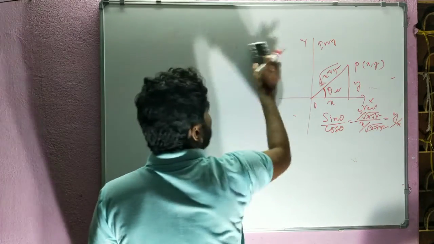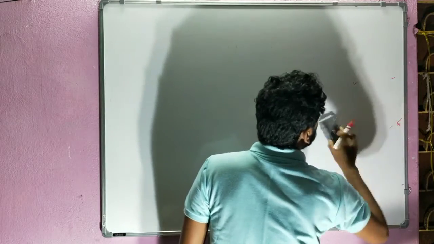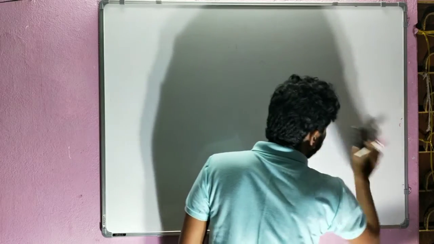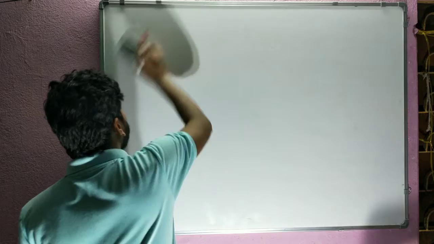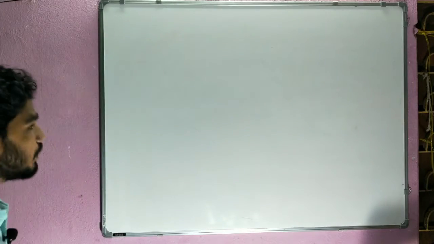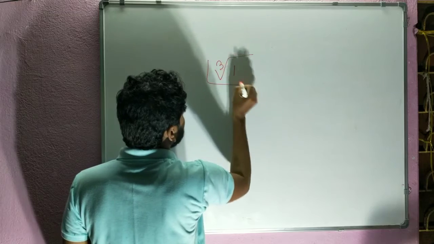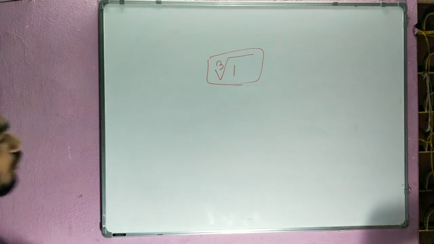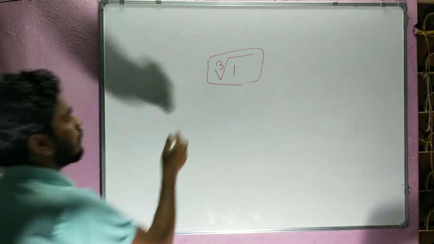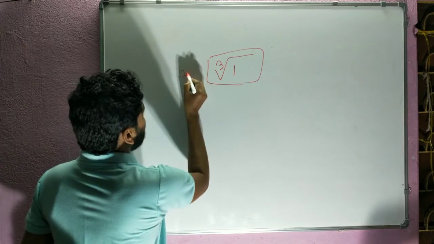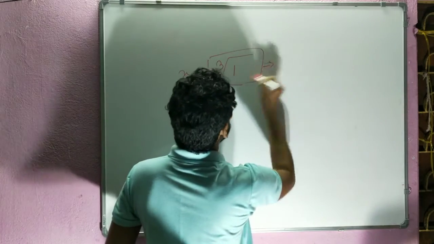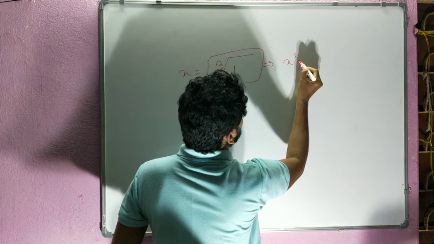Next, we discuss a very important topic, cube root of unity. This is a very important topic for complex numbers. Suppose x cube equals 1.